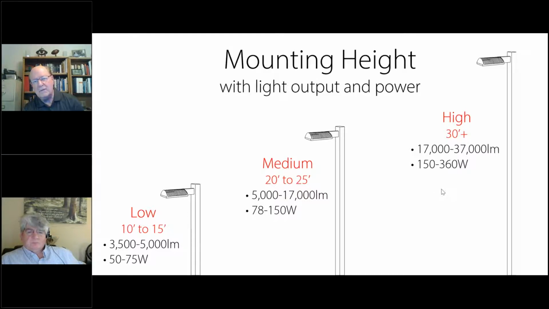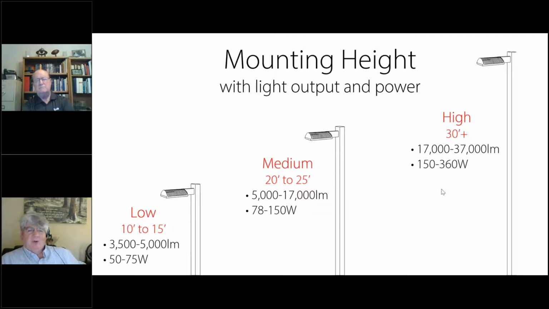Dolly, you want to comment on an application maybe where you may have seen one or the other that, if these guidelines had been followed, would have been better off, and you had to correct this? Sure. One of the big challenges, and I was guilty of this for the first many years of my lighting career, was not really understanding the impact of high wattage fixtures on low mounting heights.